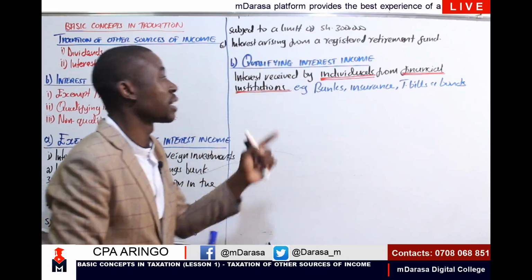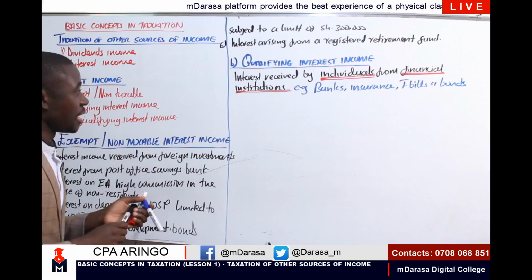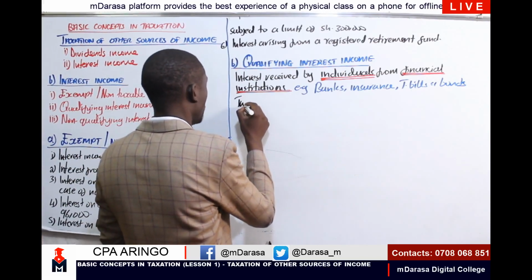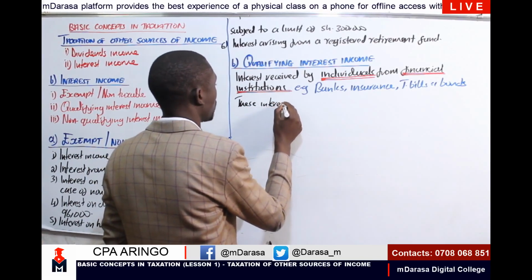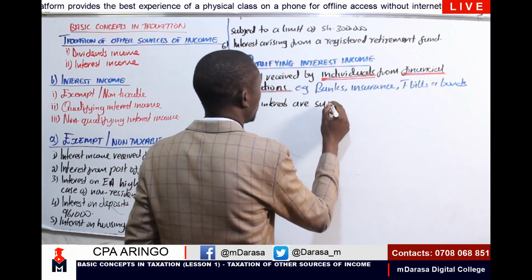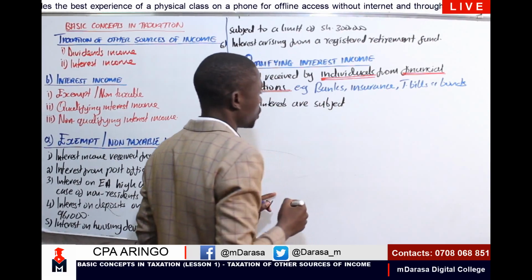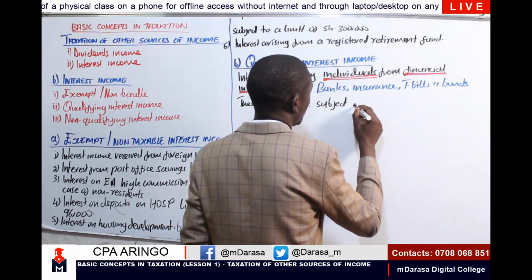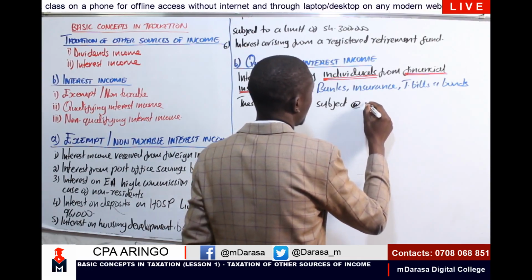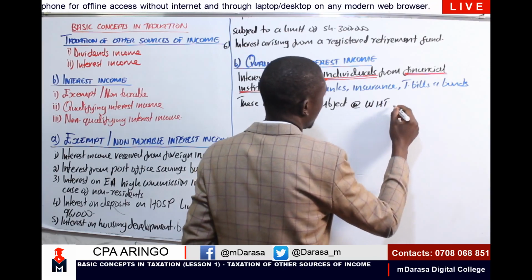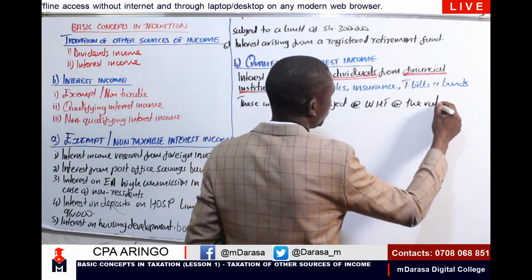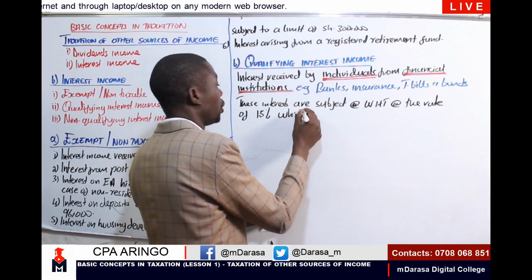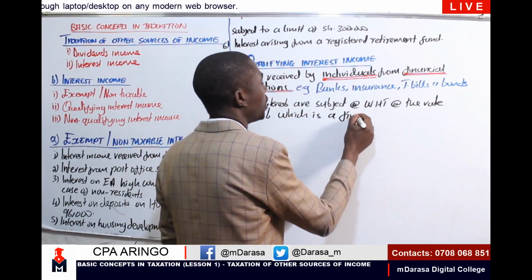For example, banks, insurance, treasury bills and bonds, etc. And another key element: these interests are subjected to withholding tax at the rate of 15%, which is a final tax.